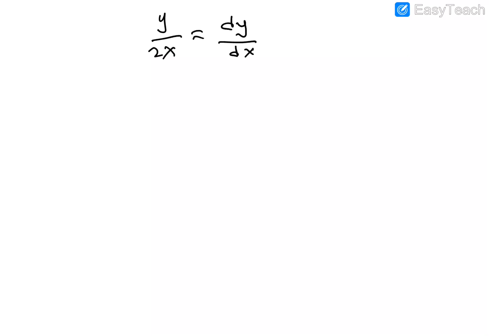So we'll go ahead and put all the y's on one side and all the x's on one side. And that's going to give us dy over y is equal to dx over 2x.